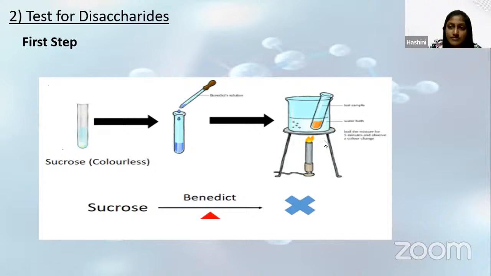So what observation do we get? Actually, nothing happens in that test tube. There is no remarkable color change in this sucrose-containing test tube.